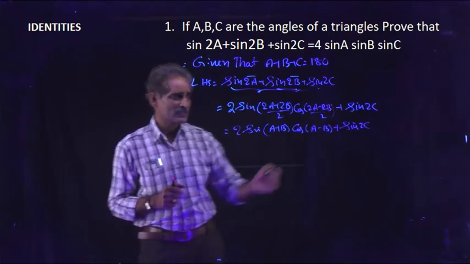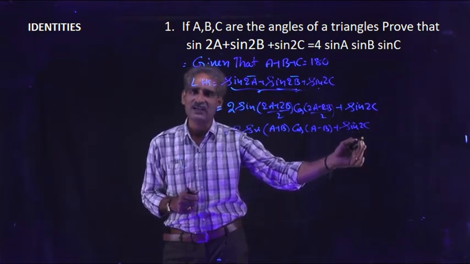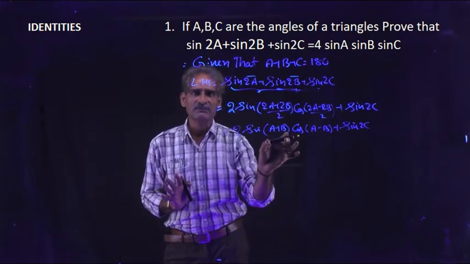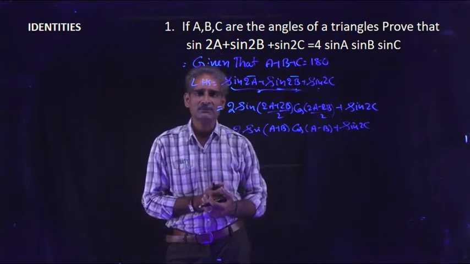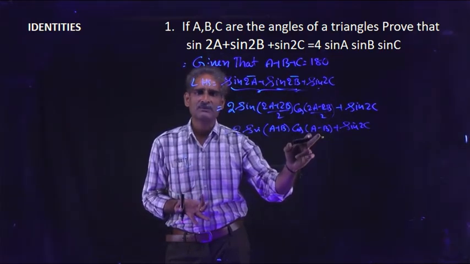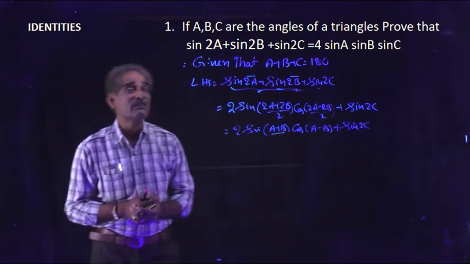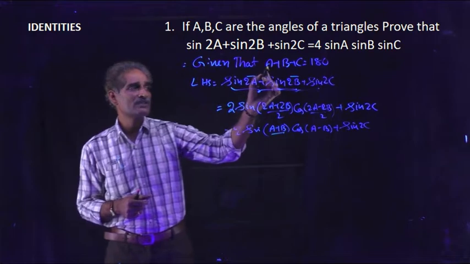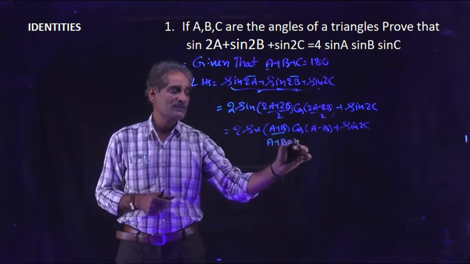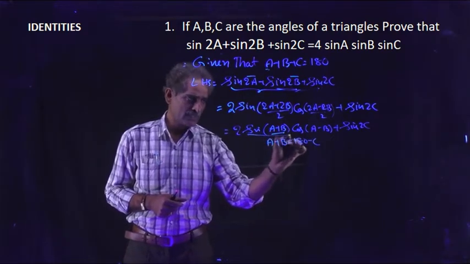Here one single angle is there, 2C, which we write as 2 sin C cos C. We can't do this for A minus B because we don't know the value of A minus B. But here we can convert into a single angle with the help of the relation A plus B plus C equal to 180. That means A plus B equals 180 minus C.